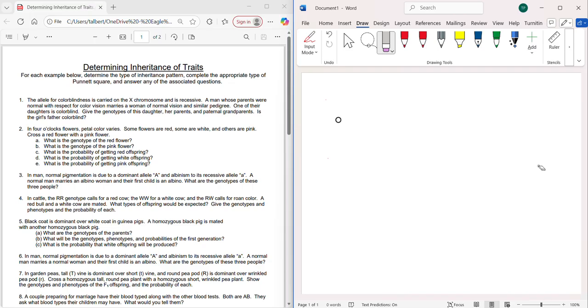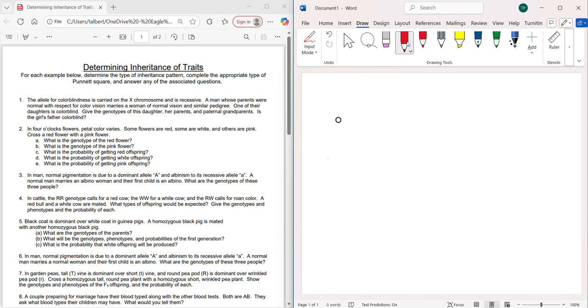You may be thinking none of the above, and you would be correct. Number 3 is actually going to be Mendelian genetics. And you will have some Mendelian genetics problems in here as well. Really, this assignment, I really want you guys to focus on identifying which type of inheritance pattern it is, because there are several that we've talked about so far. So be prepared for some Mendelian genetics in there as well.